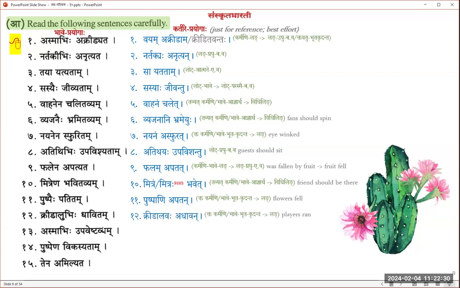Very good. Kridalavaha adhavan. Kridapatuhu, kridaluhu. All are ukarantas, so same as Guru Shabda. So kridalavaha adhavan in the lung form. Players ran. By the players, it is run like that.